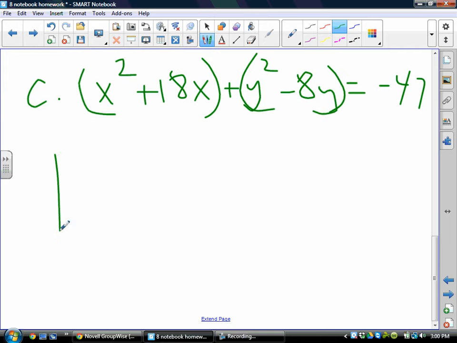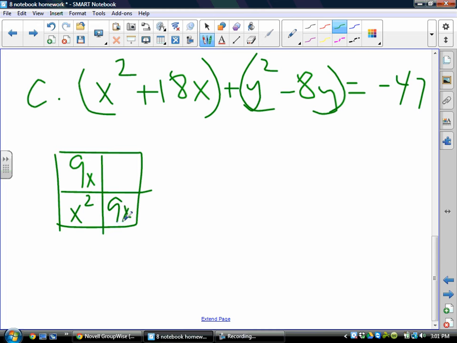So I'm going to draw my box here for the x's. I'm going to have x squared down here, and I'm going to split up 18x into 2 equal parts, so that's 9x, 9x. The outsides are going to be x plus 9, x plus 9. This top box, if I multiply 9 times 9, is 81. Now looking inside the parentheses, how many constant terms, just regular numbers without x's, do I have there?